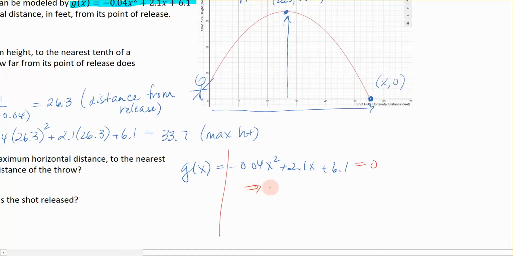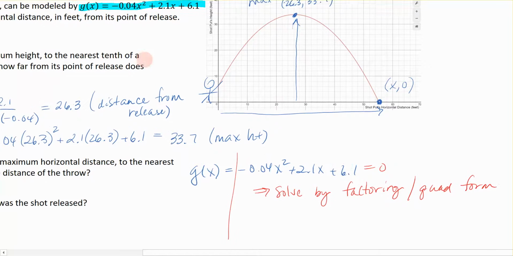We want to either solve using factoring or the quadratic formula. Because really, to contemplate having to factor 0.04 using trial and error is just not really something I'm anxious to do. And I could use the quadratic formula using the a, the b, and the c that you are given here.